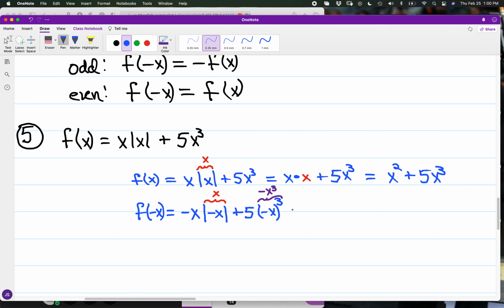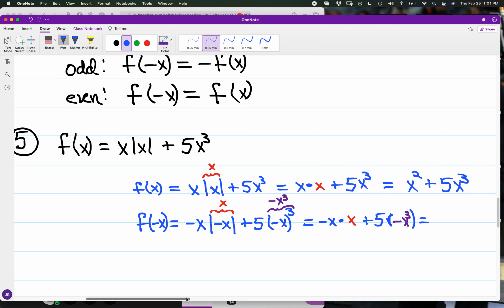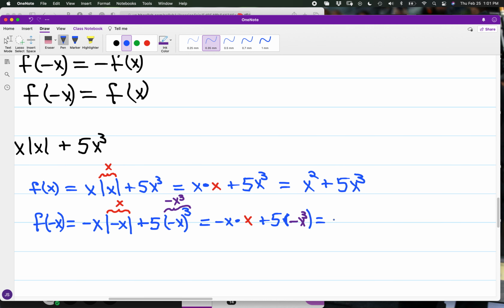Following through, you have negative x times x, plus 5 times negative x cubed. So negative x times x is negative x squared, and 5 times negative x cubed is minus 5x cubed.